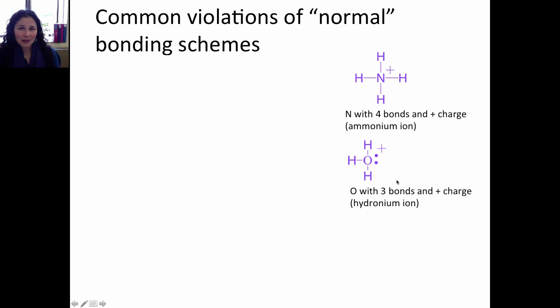We're going to talk more about this later in the semester, but the way that these types of molecules form is that you take one of the molecules that has a normal bonding scheme and you add a hydrogen ion. Remember that the hydrogen ion has an empty valence shell. And here we have a nitrogen that has a full valence shell and a lone pair of electrons.